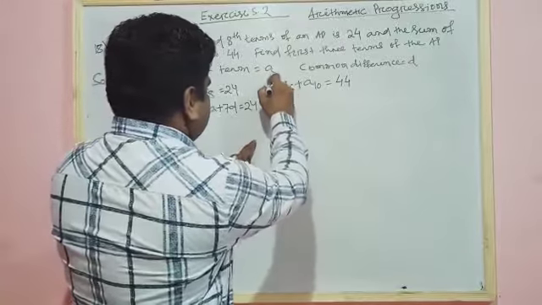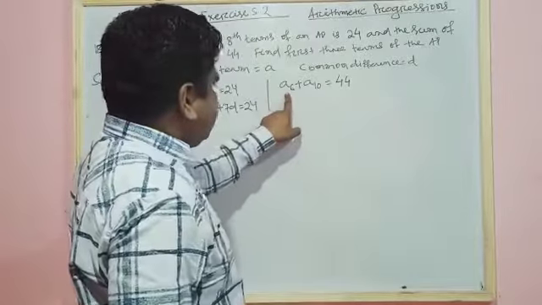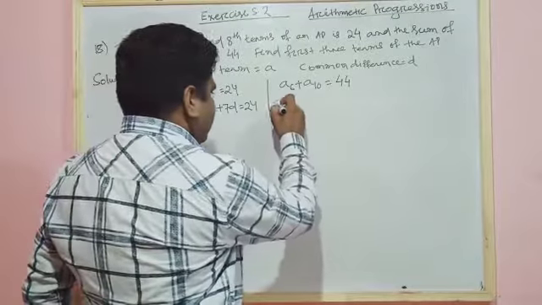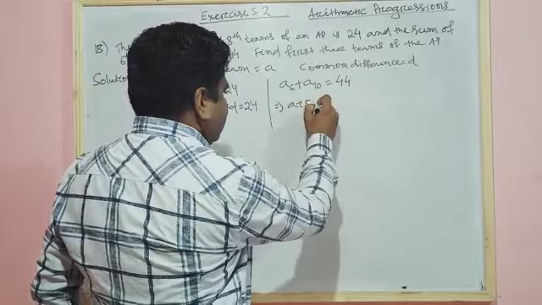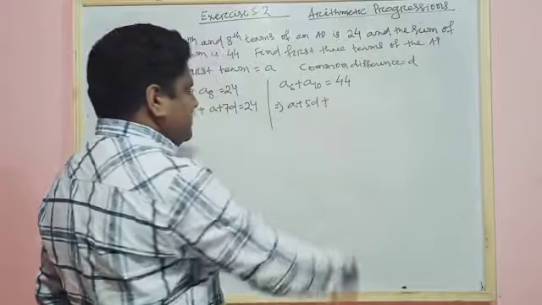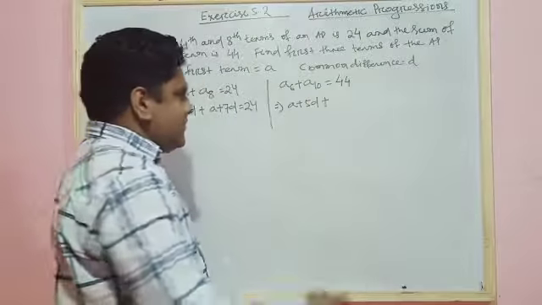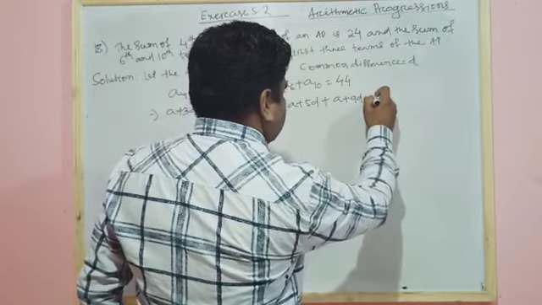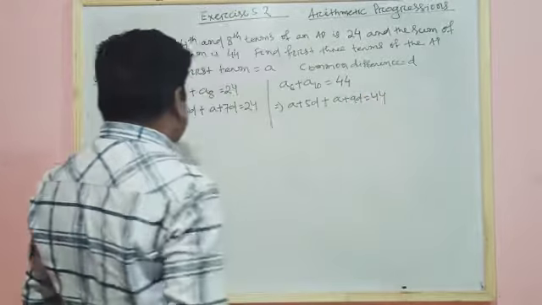For this purpose, a6 is a plus 6 minus 1 into d, that is a plus 5d, and a10 is a plus 10 minus 1 into d, that is a plus 9d, equals 44.